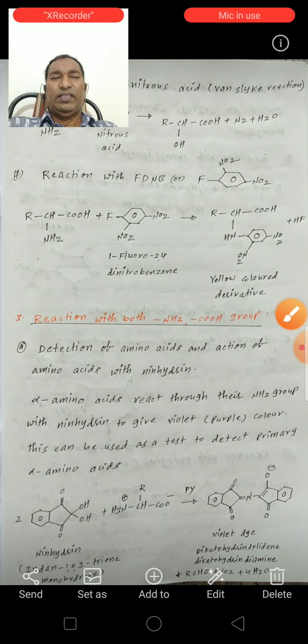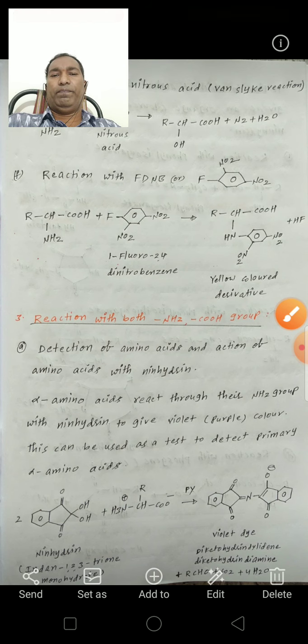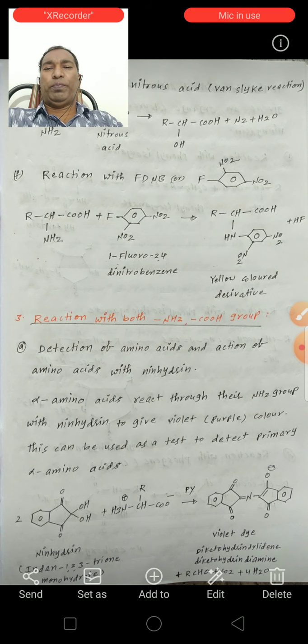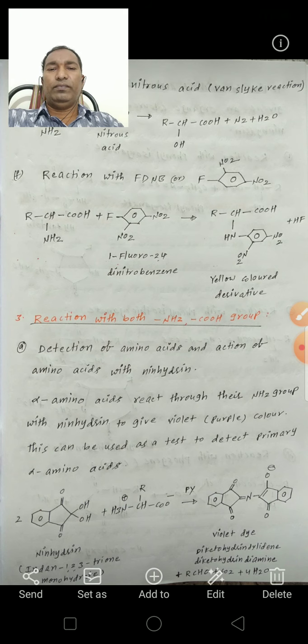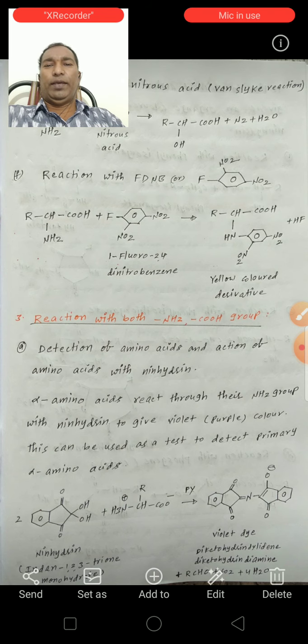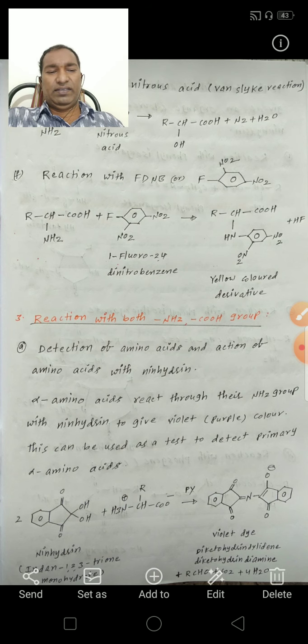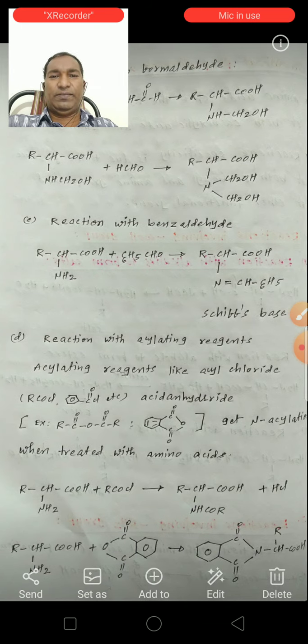So in all these reactions only the NH2 group of amino acids is involved. What reactions?